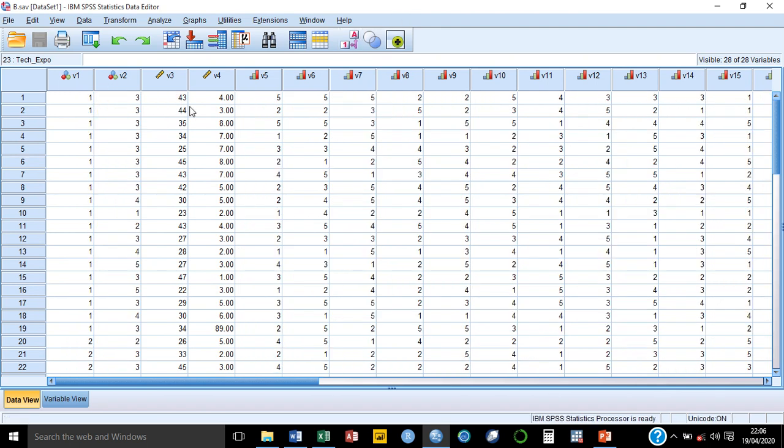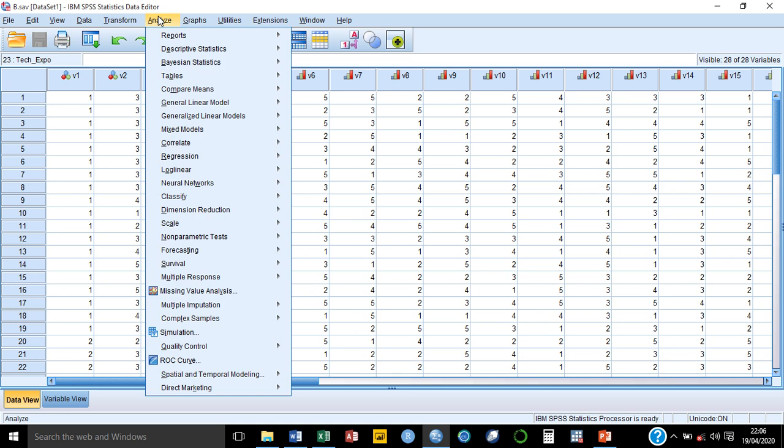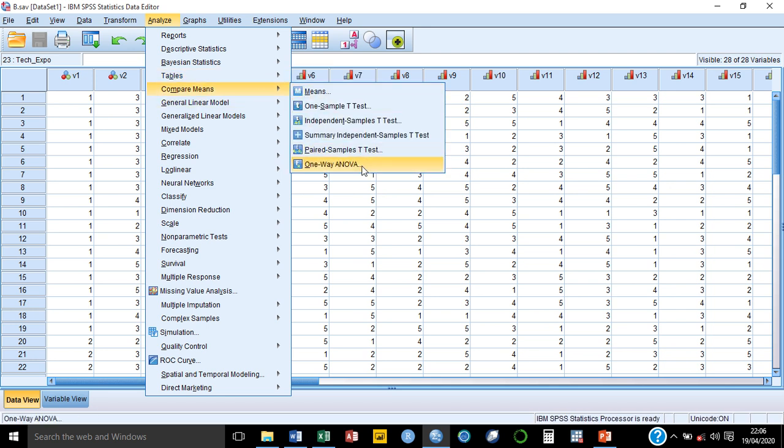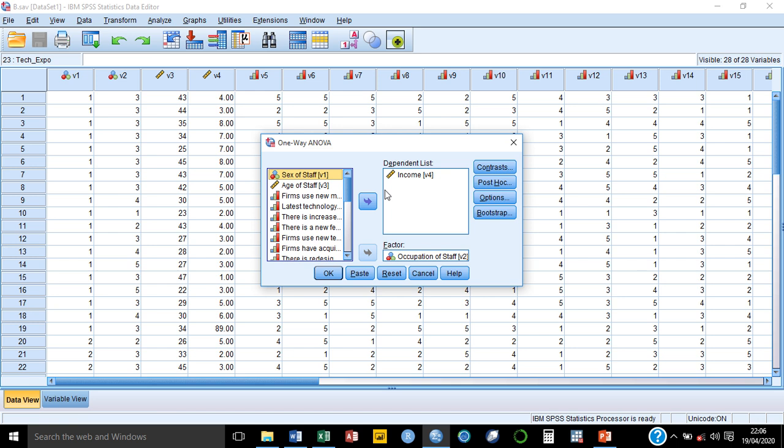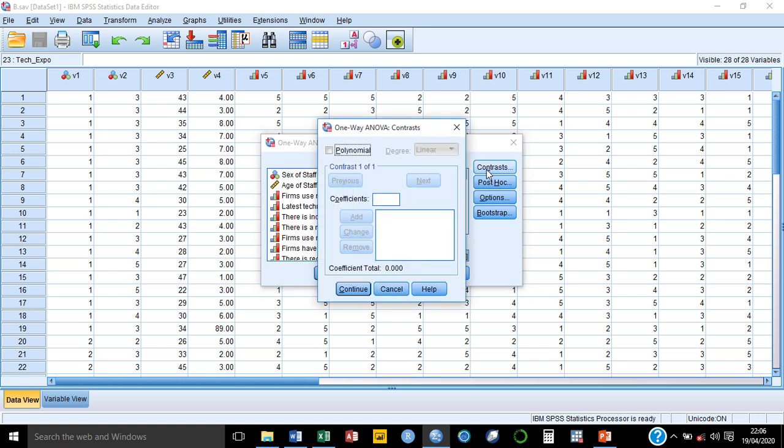Alright, let's go straight to work. Analyze, compare, one-way ANOVA. So my dependent list is my income and my independent is sex. Okay, let me use occupation. Contrast, I really don't have any business here.